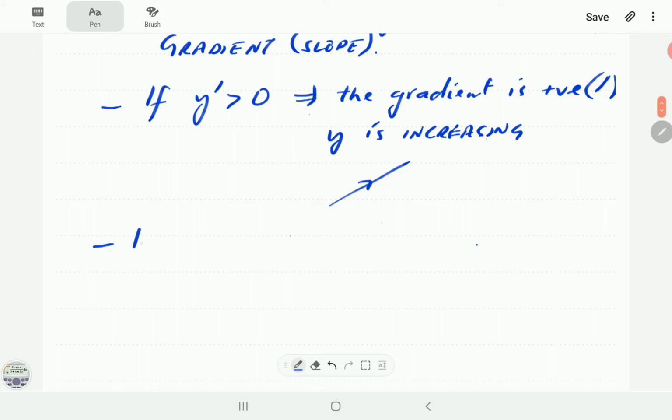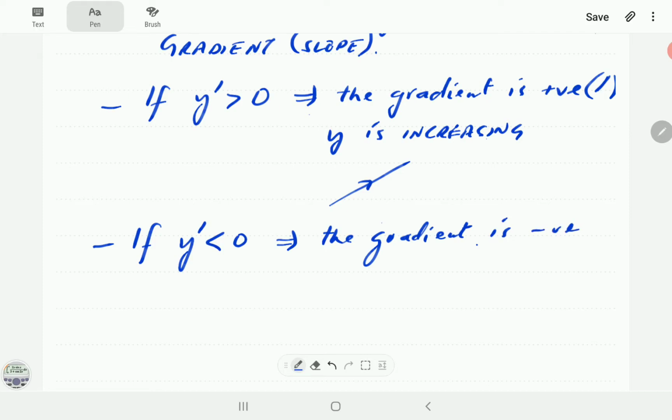And then if on the other hand the derivative is negative, then what it means is that the gradient is also negative, and the function this time is like a backslash.